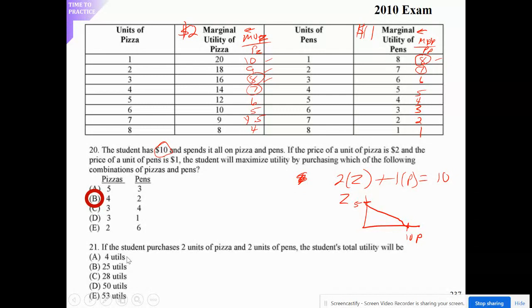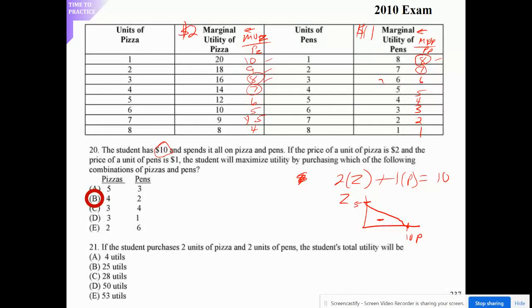Now it says if the student purchases 2 units of pizza and 2 units of pens, the total utility will be what? If they do that, they're buying inside the budget line, so they're not maximizing their utility. But what is the utility?